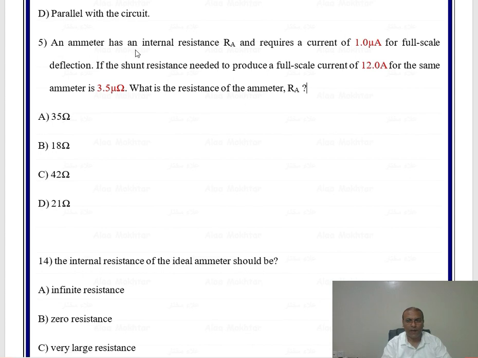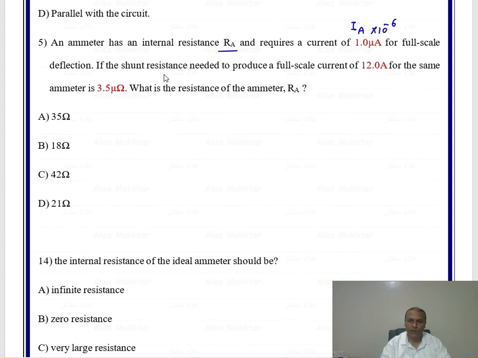Number 5. An ammeter has internal resistance Ra and requires a current of 1 microampere for full-scale deflection. It means the current for this ammeter, Ia, is 1 times 10 to the negative 6.